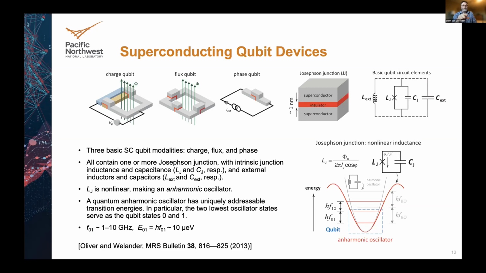They all have, well, all the superconducting ones have in common the presence of at least one structure called a Josephson junction. So a Josephson junction is just a structure where you have a superconductor, a very thin layer of insulator, like on the scale of a nanometer, and then another layer of superconductor.